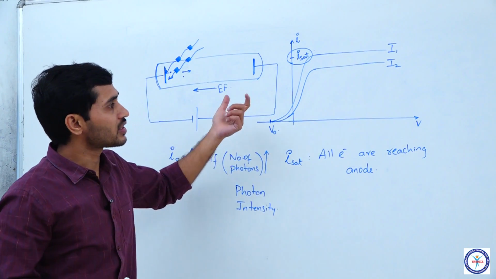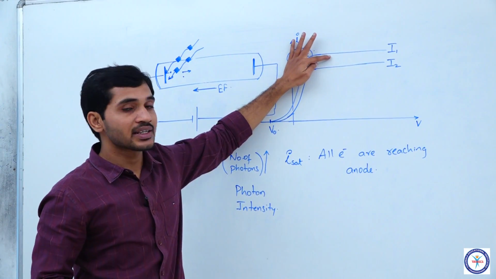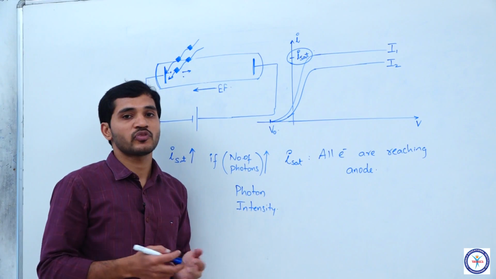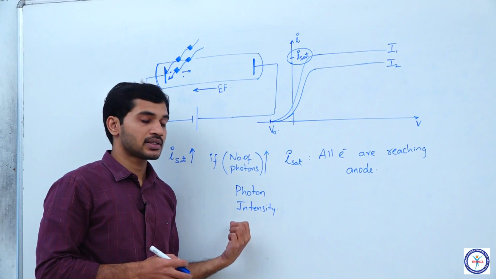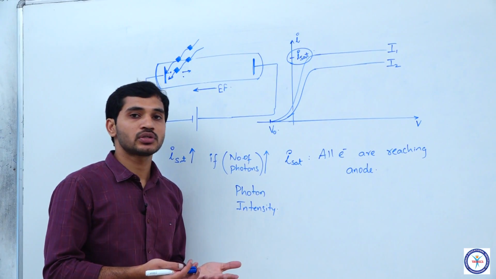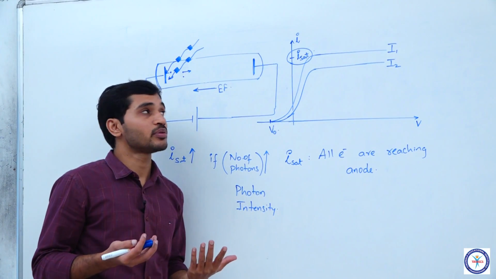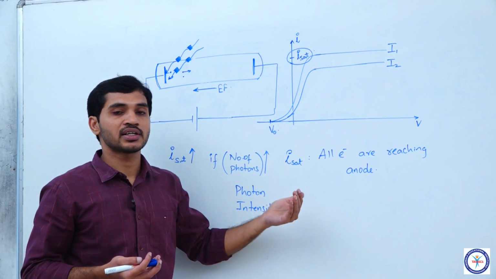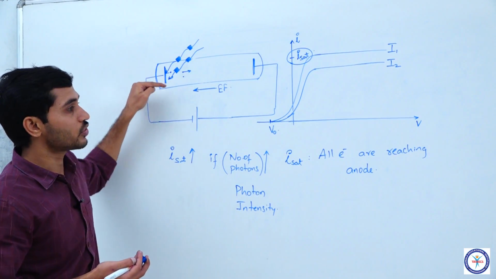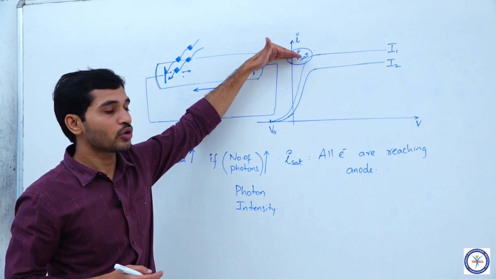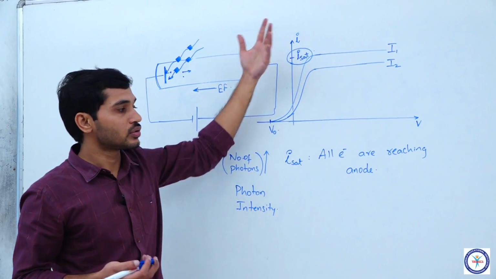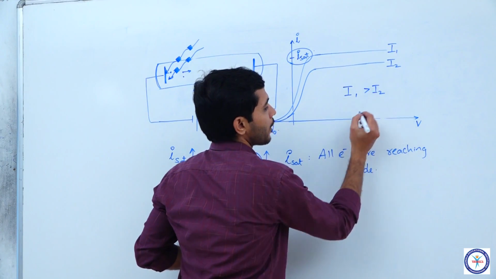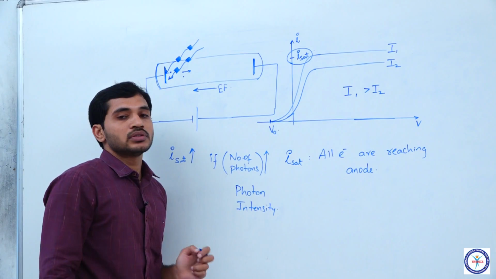Now, one thing you will observe here is that the saturation current in this case is greater than the saturation current in this case, and now you can easily tell the reason why. We have just discussed that saturation current is directly proportional to the intensity of incident light. So, the only way I can change the saturation current is by controlling the intensity of incident light. Higher saturation current can be obtained with higher levels of intensity. So, the idea is pretty simple. In this particular case, we can directly say that I1 is greater than I2. So, that is about saturation current.